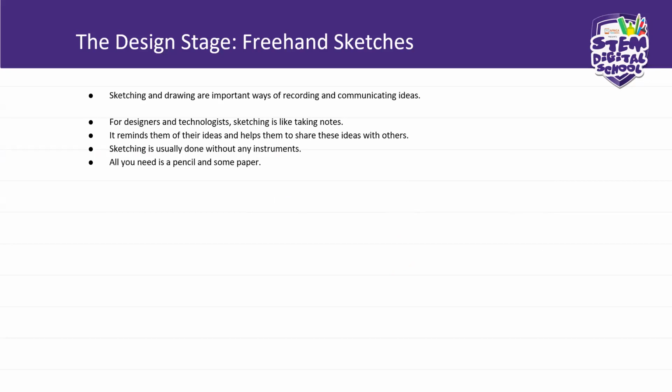Right, let us look at the design stage of the design process, the design stage of the technological process. Right, remember, grade 7, when we did the design process, we said there are 5 stages of the design process. Let me check if you remember them.